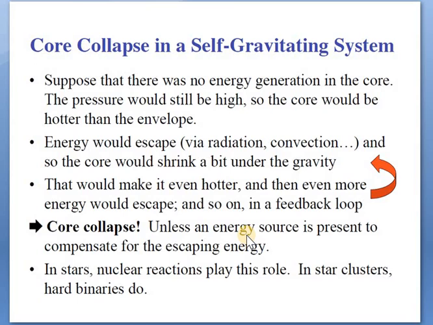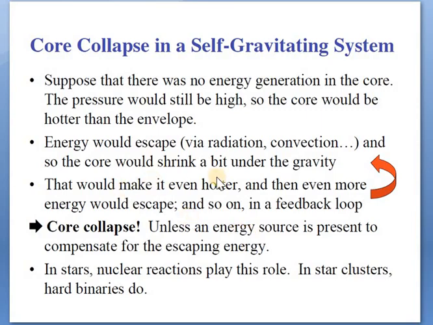But remember, even with this loop, energy will keep on escaping, and as a result overall the core will collapse unless there is an energy source which compensates the escaping energy. Now in the stars, nuclear reactions play this role. In the case of star clusters, hard binaries play this role.